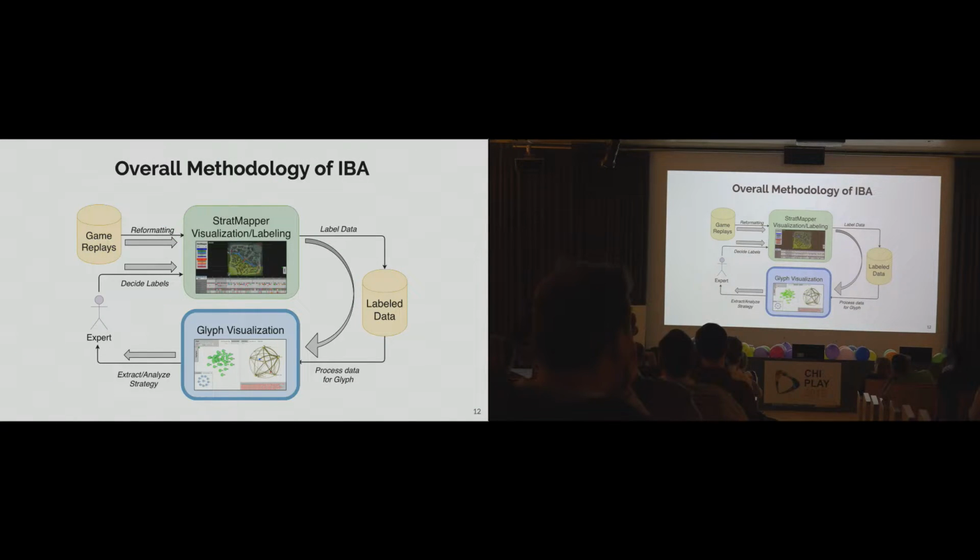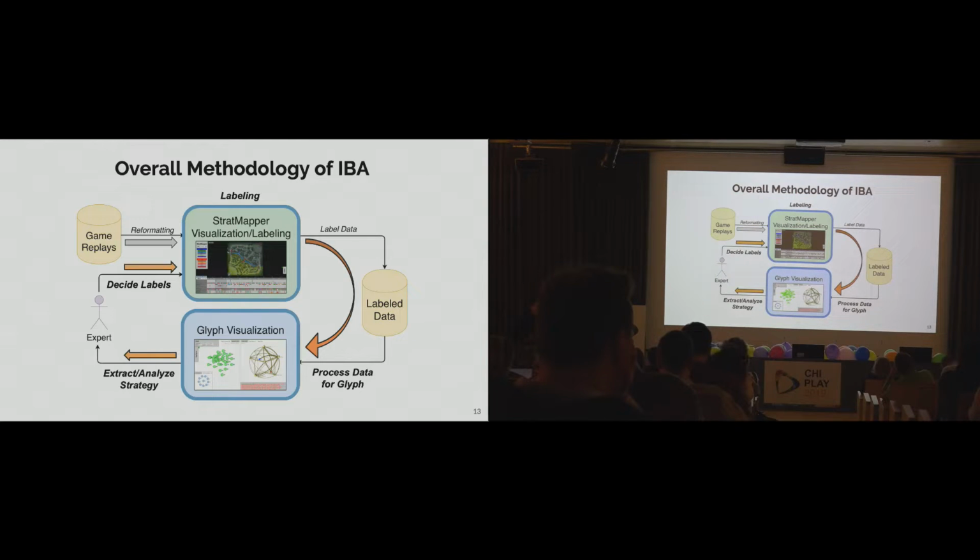Glyph is used to extract and analyze the gameplay strategies, which we will discuss later. Sometimes the resulting patterns may be incomprehensible or the labels may be incomplete, and as a result, the team may discuss their interpretations of labels and revise the labels accordingly. So this becomes an iterative process, and that is the main idea behind the IBA methodology.